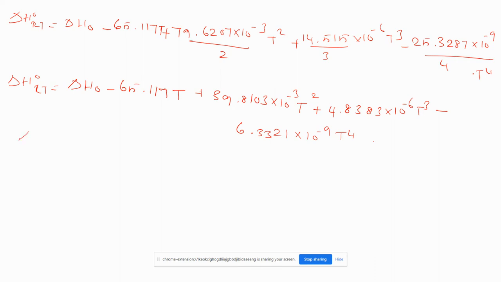Okay, so now this is one expression we have got. So now del H0 RT is equal to minus 90.41 kilojoules per mole.